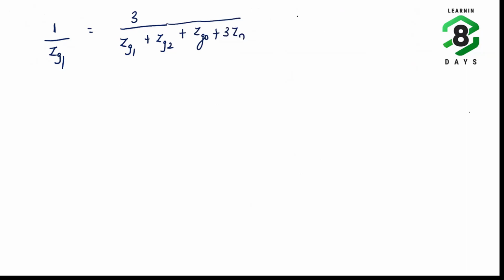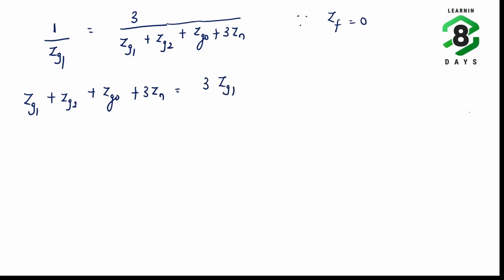Since it is a bolted fault, the fault impedance Zf is 0. Cross multiplying, we get Zg1 plus Zg2 plus Zg0 plus 3Zn is equal to 3 times Zg1.